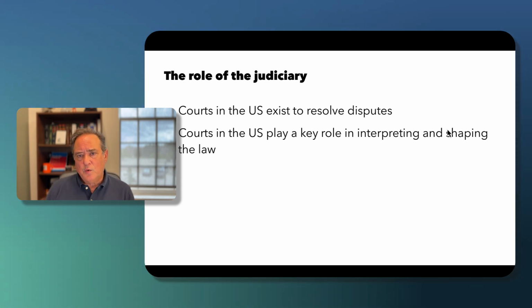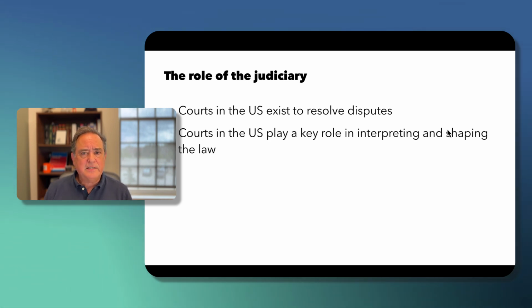For instance, again, when we cover employment discrimination, we're going to focus on a statute called Title VII of the Civil Rights Act of 1964. Now, Title VII simply says it is illegal to discriminate on the basis of membership in certain protected classes: race, color, sex, national origin, and religion.